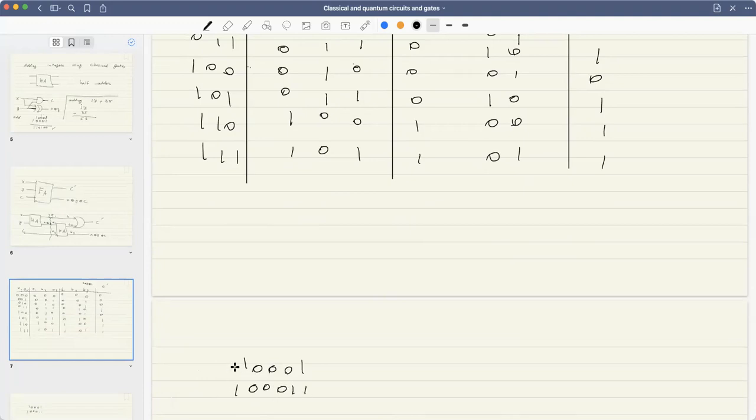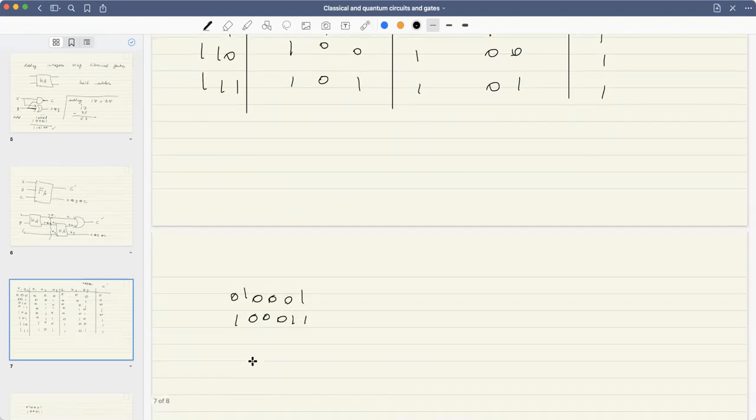We can always add a 0 to make them have the same number of digits. So we can call these x0, x1, x2, x3, x4, x5, and these bits we can call y0, y1, y2, y3, y4, y5.